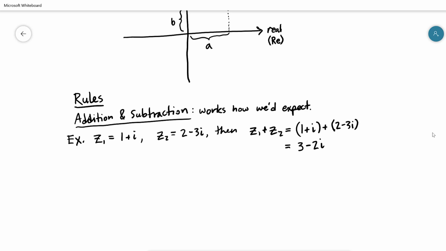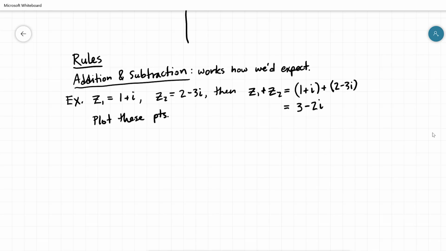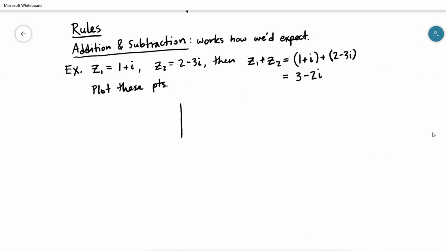It will also work similarly if we start to plot these things. So if we plot these points as well, what we'll see is the following. Here is my graph with my real and imaginary axes. Let me draw some hash marks on here just to give us a sense of where these points are.